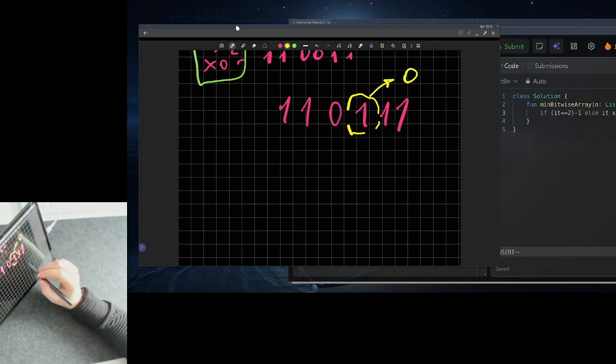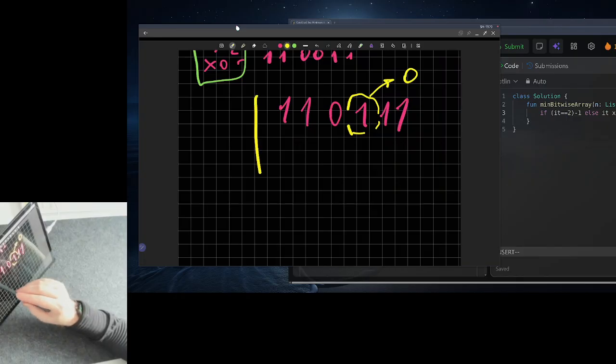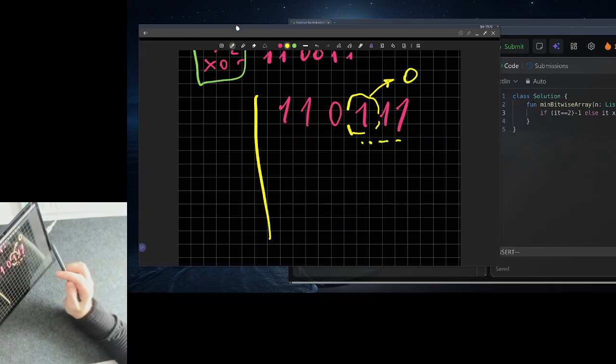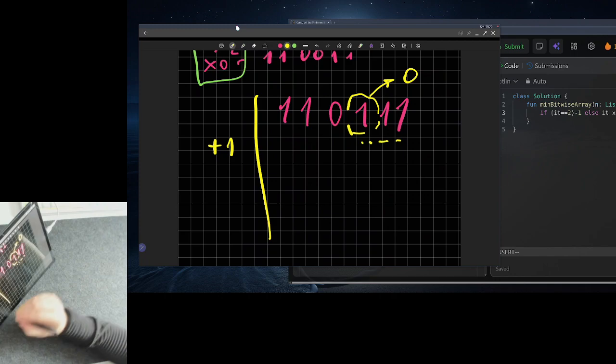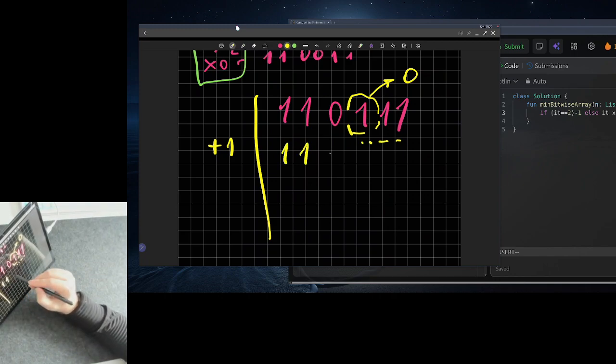So first we remove this part. So this is a +1 operation. The +1 operation gives the same, but all zeros at the tail.